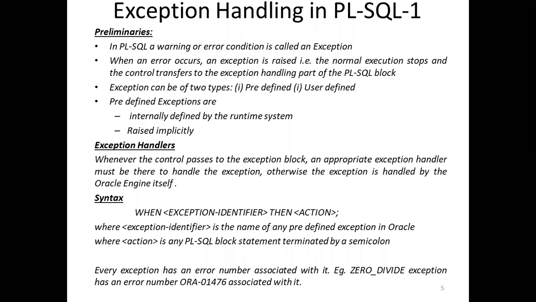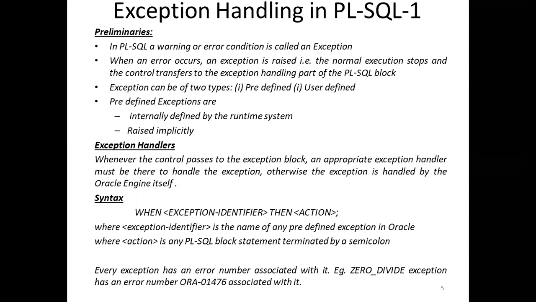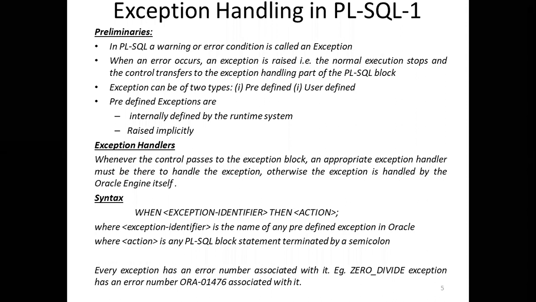And then exception handlers are there. The exception handling mechanism in PLSQL is simple. The syntax is when some exception identifier you write, then you take some action. Where this exception identifier is the name of any predefined exception in Oracle, and action is any PLSQL block statement terminated by a semicolon.